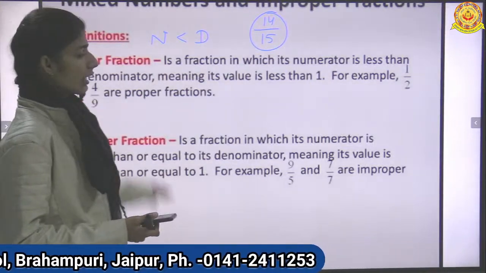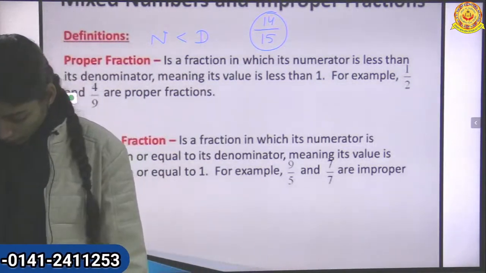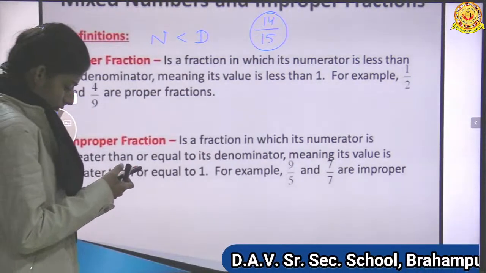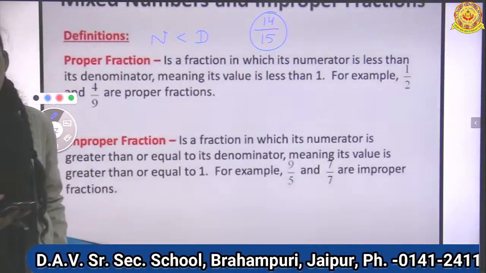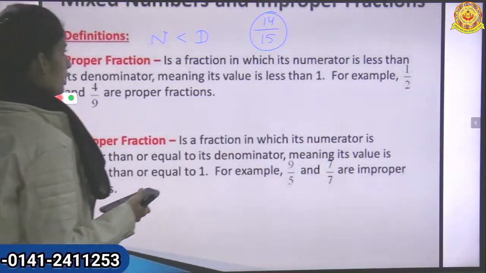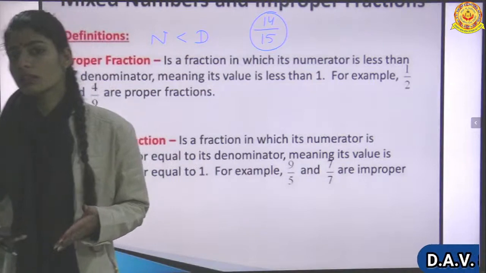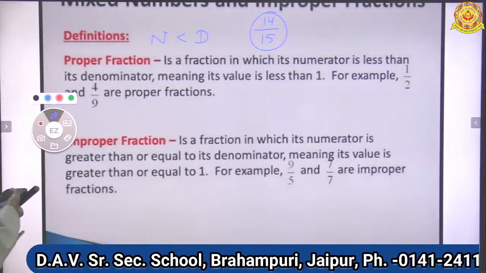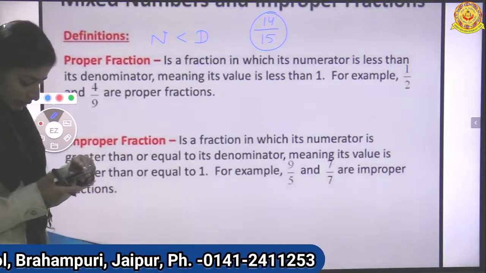So this is a type of proper fraction. Is it clear, all of you? If in any fraction numerator is smaller than denominator, then the fraction is said to be a proper fraction. Clear, students?